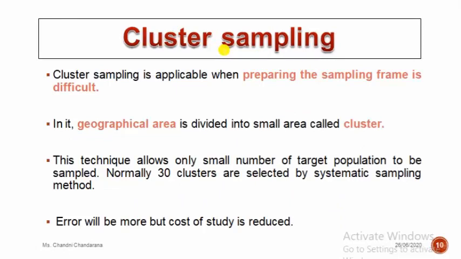Now the next is cluster sampling. What is cluster sampling and when is it applicable? Cluster sampling is applicable when preparing the sampling frame is difficult, meaning there is no population list, or it is very difficult to make one.